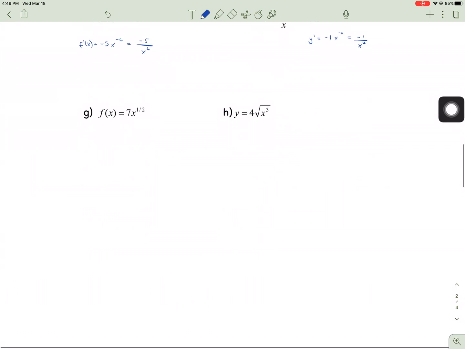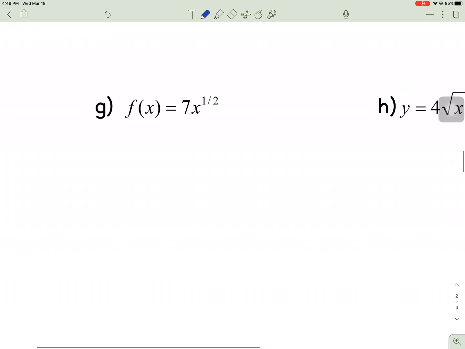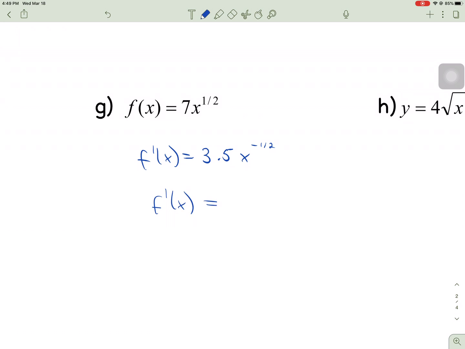Okay? 7x to the 1/2. Let's see. f prime of x: 1/2 times 7 is 3.5 x to the negative 1/2, which you can rewrite as 3.5 over x to the 1/2, which you can, if you want, rewrite as 3.5 over rad x.